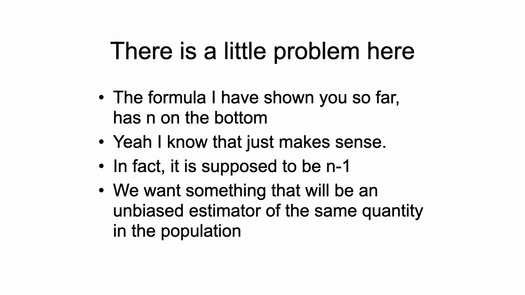What we want is something that is an unbiased estimate of the population. Remember I said before, the beautiful thing about inferential statistics is we can generalize to a population. So we want to be able to do that. So we want to get what's called an unbiased estimator. If we use N, we get a biased estimator.